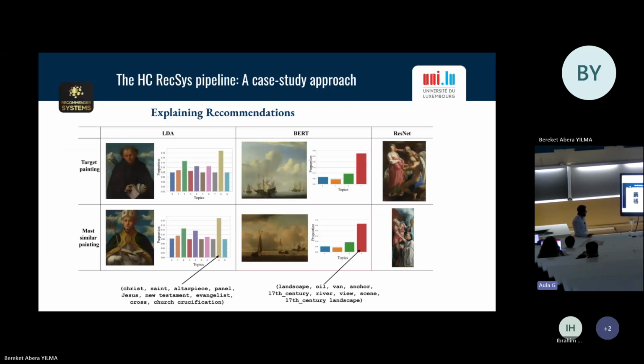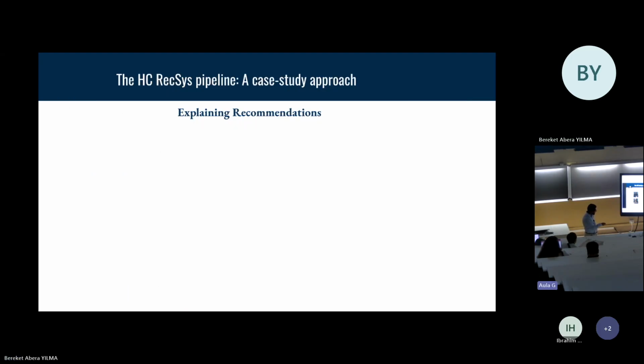But if you look at the other two, for example, BERT also is doing a good job in terms of topic modeling. So you can see the same topic distribution. Visually, the two paintings look similar. And if you unpack the most prominent topics, you can see similarities. But if you look at ResNet, the most similar recommendation for the first one, let's take a closer look here.